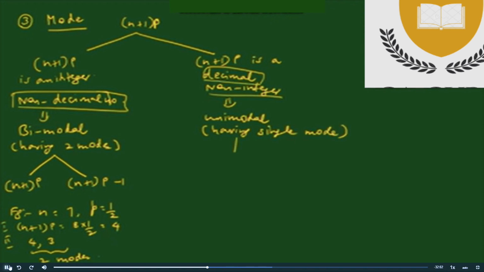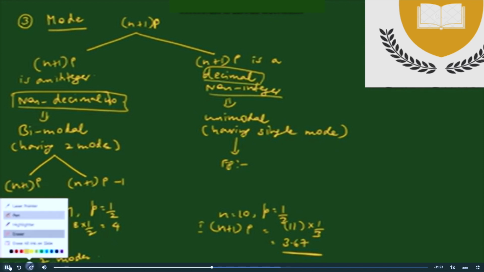So for example, you can say n is equal to 10 and p is equal to 1 by 3. The first step is to calculate (n plus 1) into p, that is n plus 1, which is 11, into 1 by 3, which is 3.67. Now this is a decimal. How do you calculate the mode? Can you say the mode is 3.67?